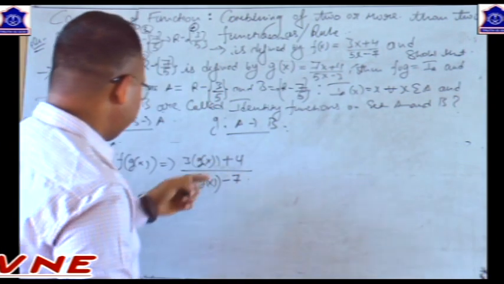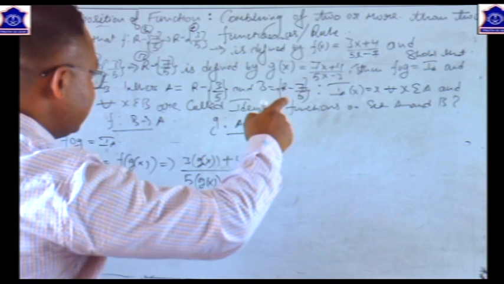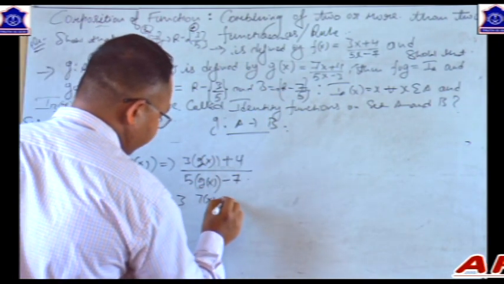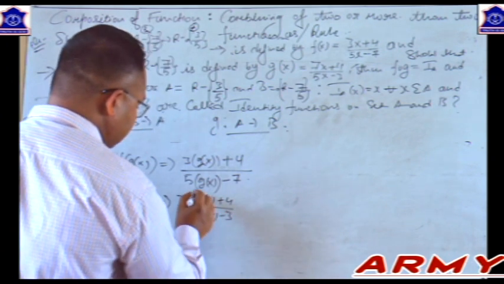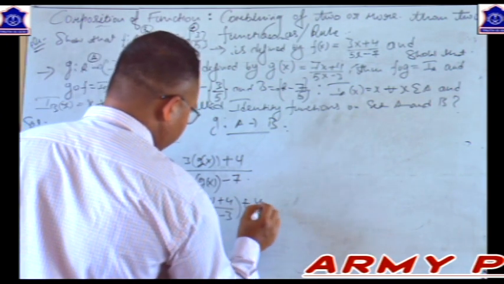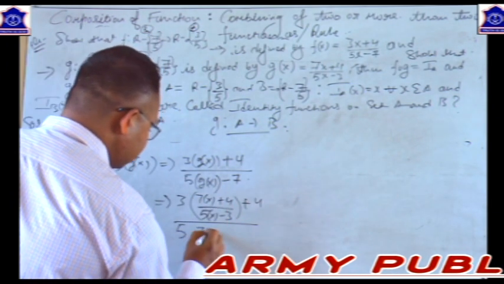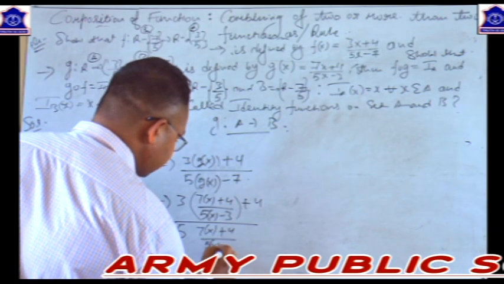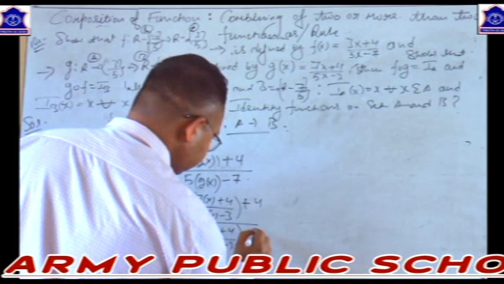So we will put this value here, which implies that (3 times (7x plus 4)/(5x minus 3) plus 4) whole upon (5 times (7x plus 4)/(5x minus 3) minus 7), with the same value of gx.